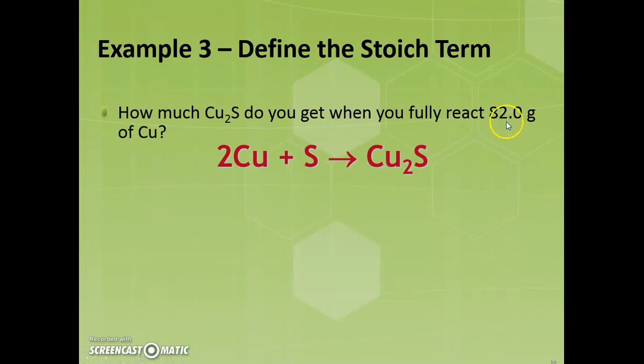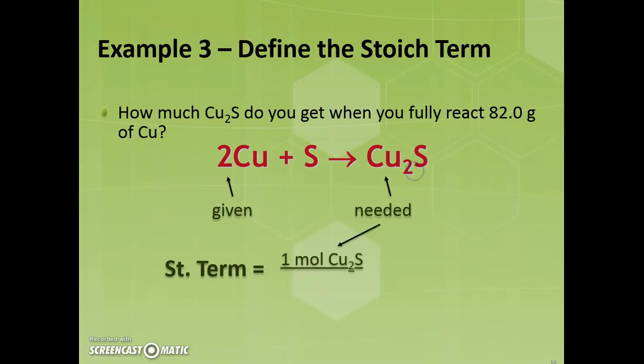In this case, we know that we have 82 grams of copper, so that's our given. And figure out what we need. So our given and our needed. Then we simply construct our stoichiometry term by putting the thing we need on the top with the coefficient in front, and the thing we're given on the bottom, again with the coefficient in front.